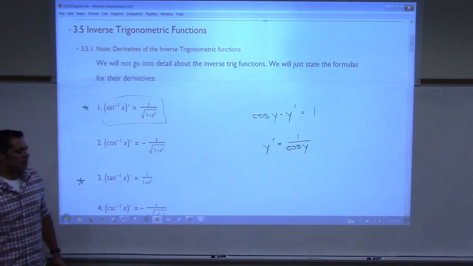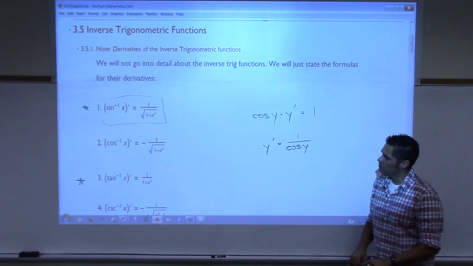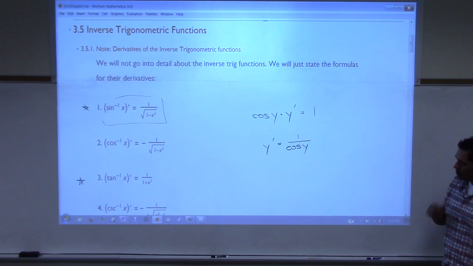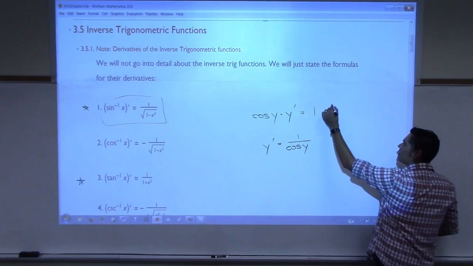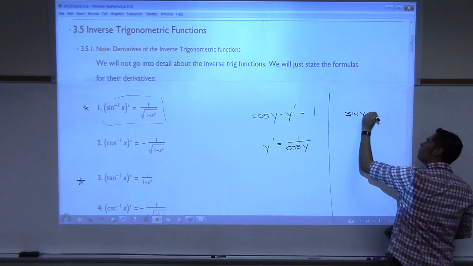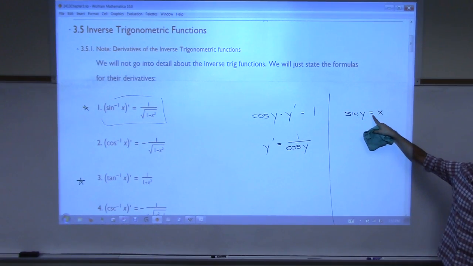So this is where you're going to have to remember something from pre-cal. And we'll kind of take baby steps here. We wrote down something earlier, right? We had a line I've erased here that said sine y was x. Do you remember when I took sine on both sides? We had that up there?